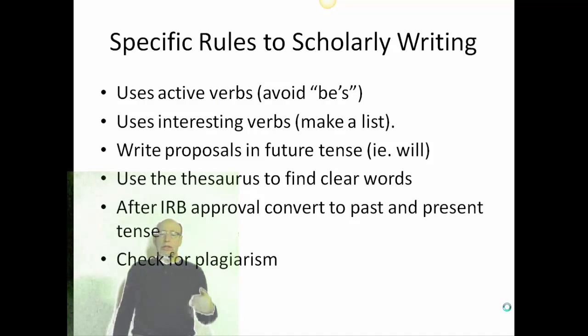Avoid passives like the to be verb or was, were, or any combination of those followed by a participle like ing and ed. Use interesting verbs. What I do is I like to go to Google and compile a list of all these verbs that I think are pretty interesting, and wherever I get a chance to use them, I throw them in my work, and it makes it sound better.